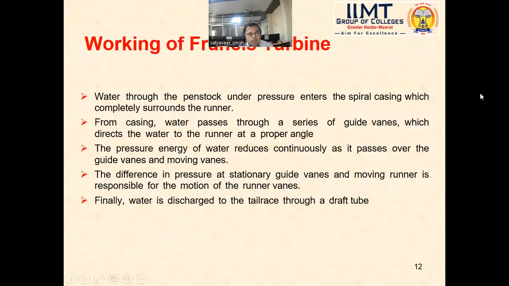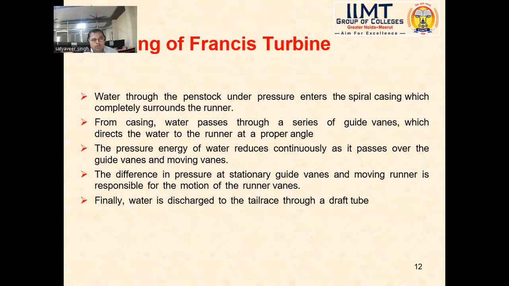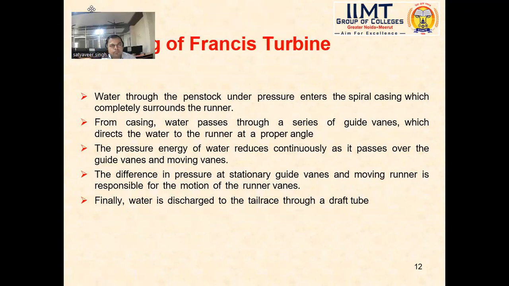Now come to the working principle of the Francis turbine. In the case of the Francis turbine, water flows through the penstock under pressure and enters the spiral casing, which completely surrounds the runner. From the casing, water passes through a series of guide vanes which direct the water to the runner at a proper angle.